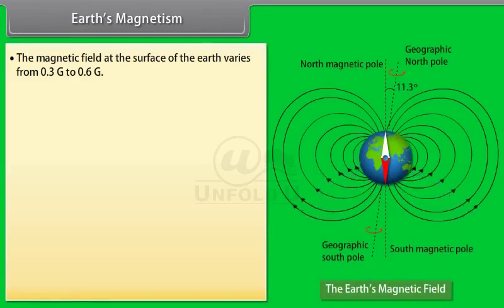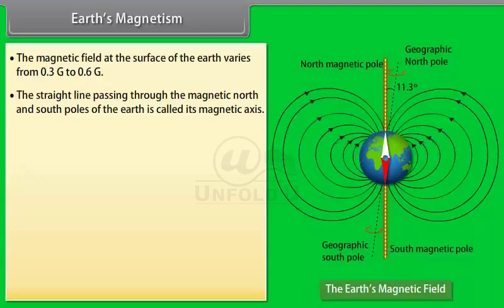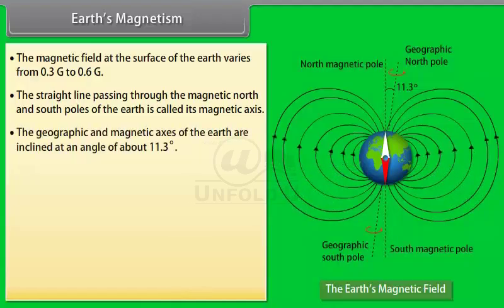Earth's magnetism. The magnetic field at the surface of the Earth varies from 0.3 G to 0.6 G. The straight line passing through the magnetic north and south poles of the Earth is called its magnetic axis. The geographic and magnetic axes of the Earth are inclined at an angle of about 11.3 degree.